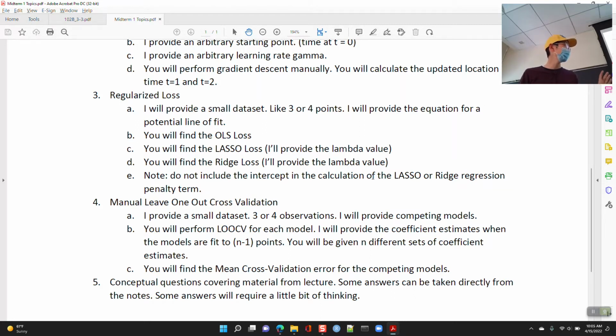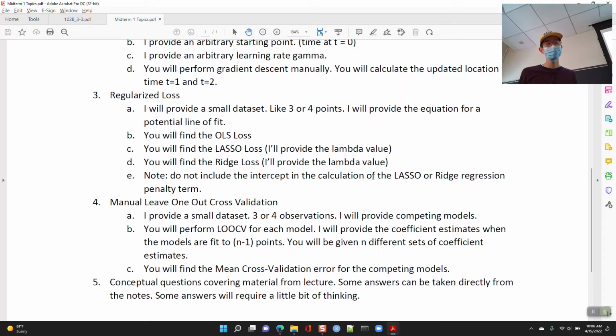Model A, when it's fit to n-1 points. If there's 4 points, there will be 4 different sets of coefficient estimates for model A, and likewise 4 different coefficient estimates for model B. And for each of these, you'll find the cross-validation error.